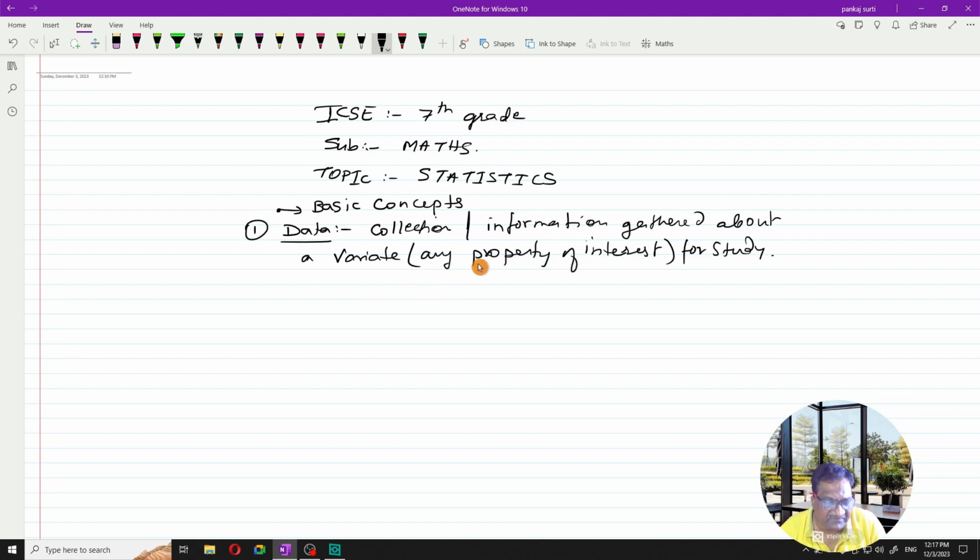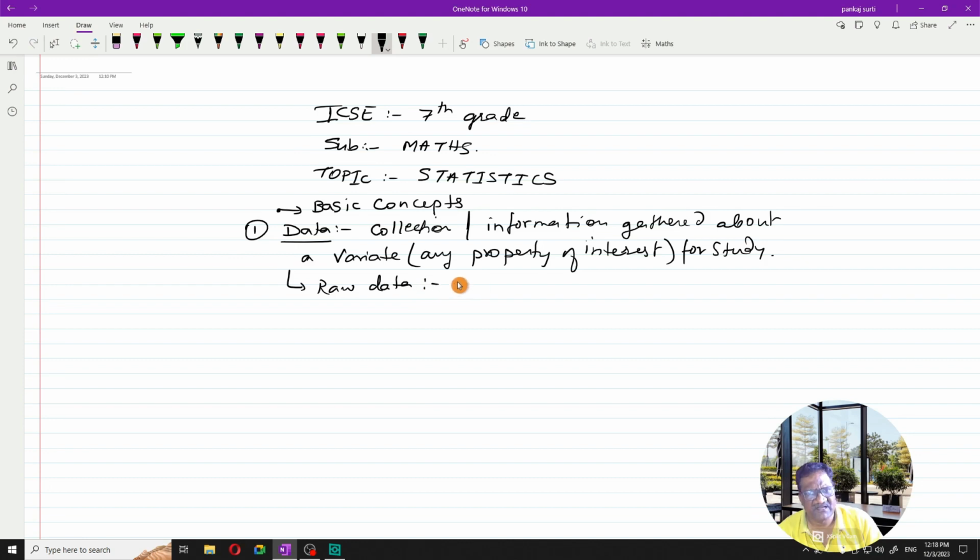After you collect this information, whatever information you get is known as raw data. So data can be raw data. Raw data is data which is collected as information. You have not done anything with that data. You have just collected the information.